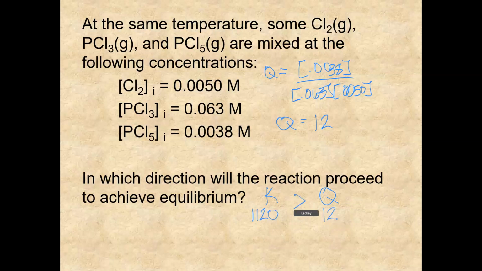K is greater than Q, meaning that the reaction shifts towards the right. So reaction proceeds towards products. So we're going to have to make more products in order for this to reach equilibrium.